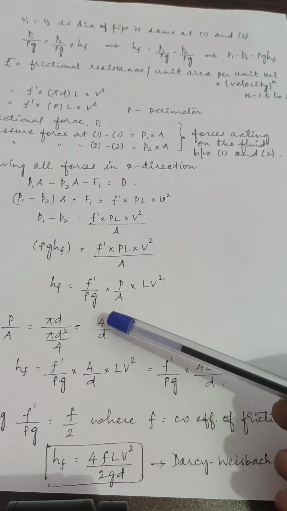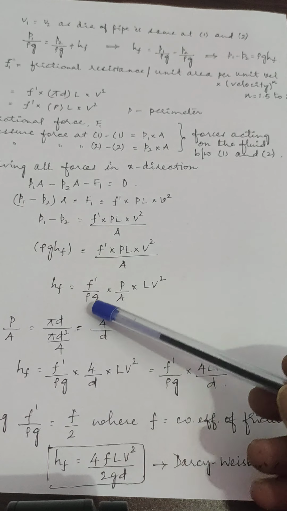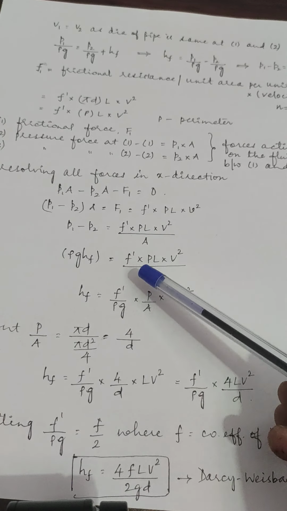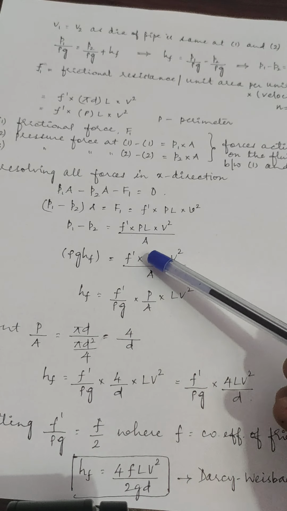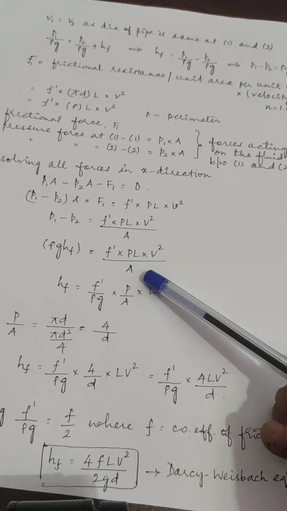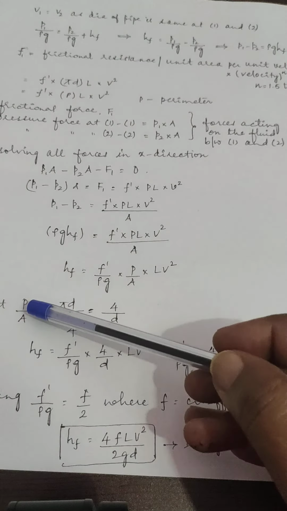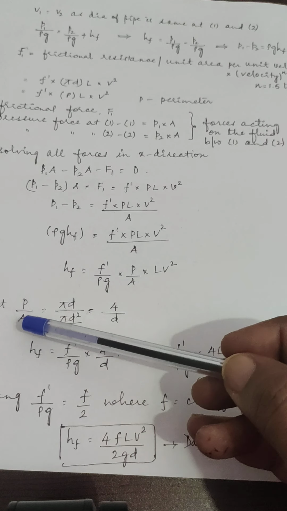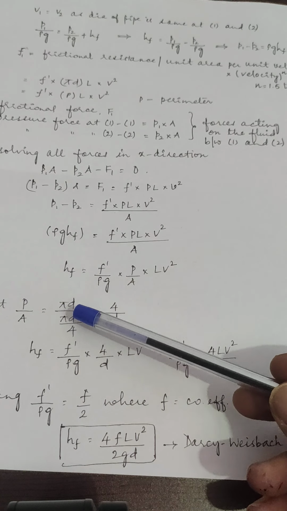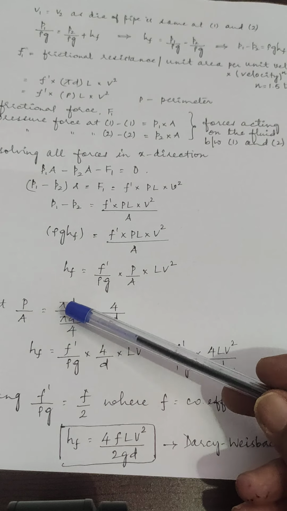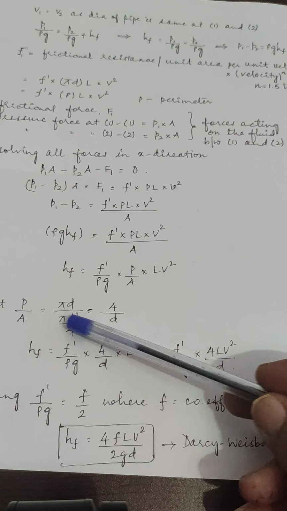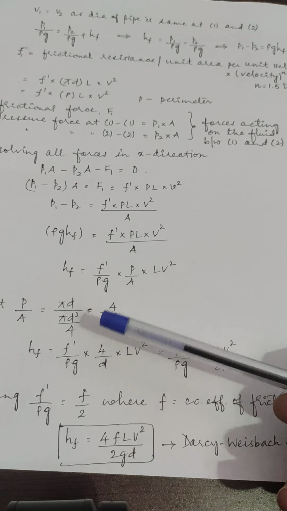So HF is equal to, taking this rho g to the denominator, F dash by rho g into P by A into L V square. But the ratio P by A, P is nothing but the perimeter, that is pi into D, and A is the cross sectional area pi D square by 4.